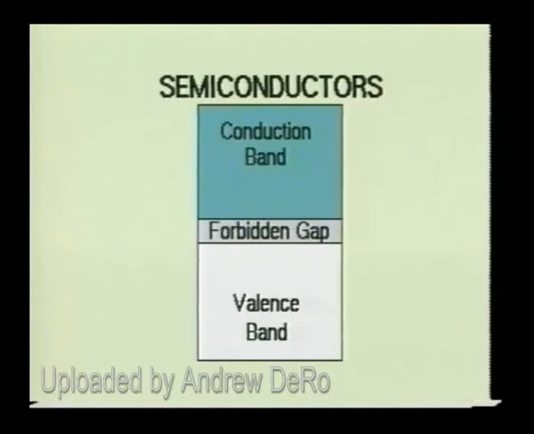As you can see here, semiconductor materials have a much narrower forbidden gap than did the insulator materials just discussed. Therefore, the semiconductor material will require much less energy to extract the electrons from the valence band. But in the same respect, the semiconductor material will require more energy to displace these electrons than would be required by conductor materials.